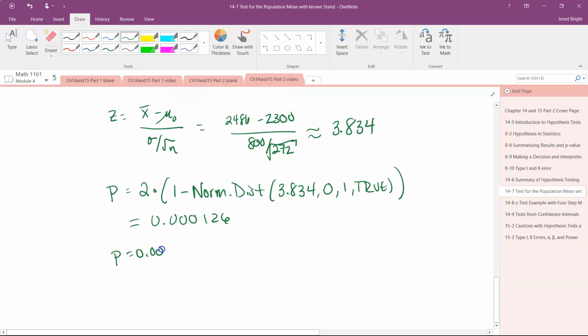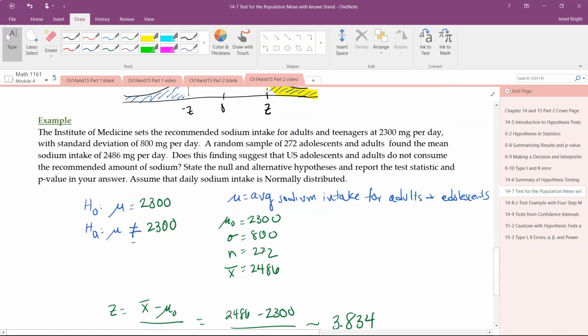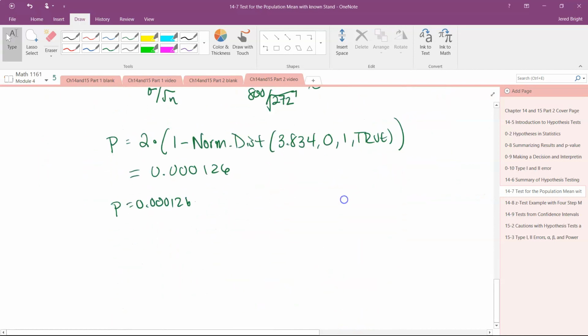Okay, and so in terms of wrapping this all up, if I look at p, which is 0.000126, and compare that to alpha, what is my alpha value? Oh, they don't say. So we get to choose. The default value that we choose for alpha is 0.05. If we compare this to 0.05 or 5%, p is much less than alpha, and so here I would reject the null.